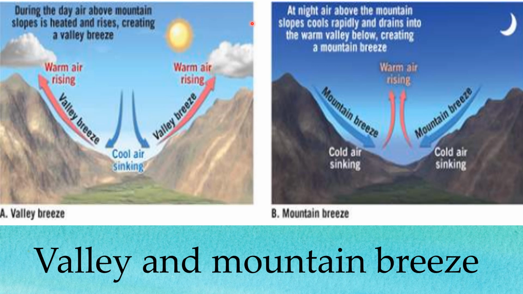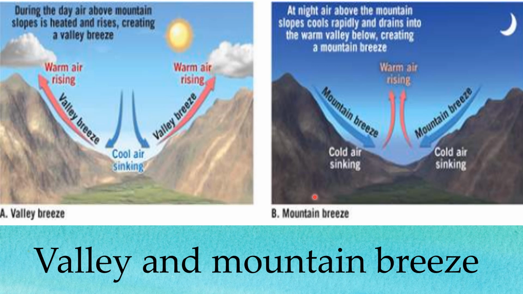because during the day, the air above the mountain slopes is heated and rises, creating a valley breeze. And the opposite, during nighttime, as you can see in the second picture, is that at night, air above the mountain cools rapidly and drains into the warm valley below, creating a mountain breeze.